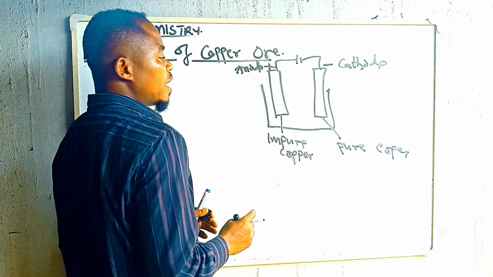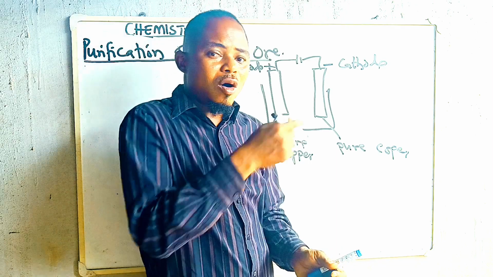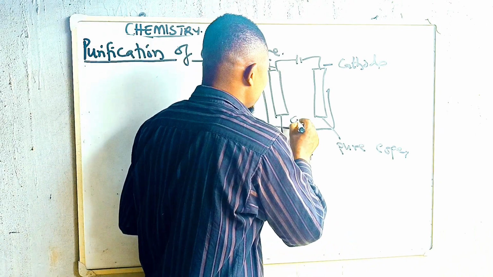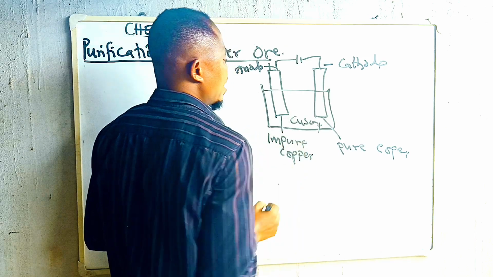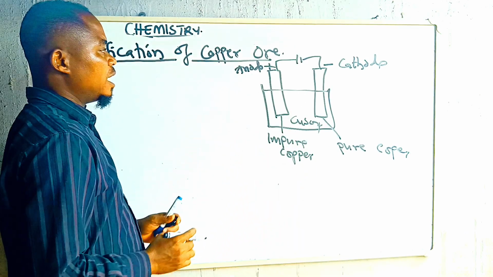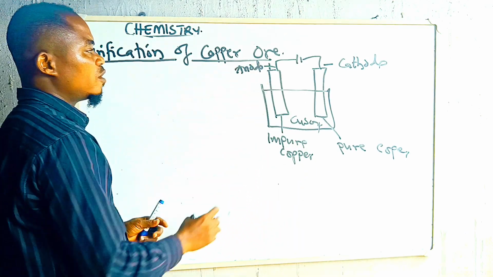And then the electrolyte normally is a soluble salt of copper, normally copper sulfate. So this is the electrochemical cell for the electrolysis for the purification of impure copper.